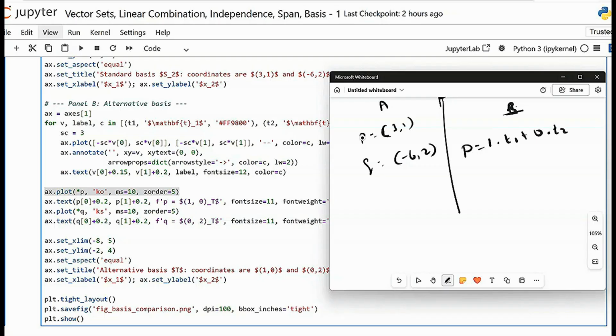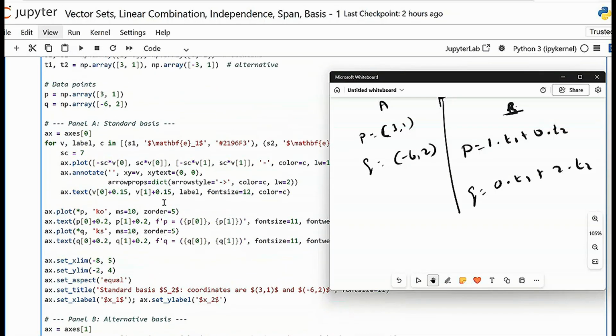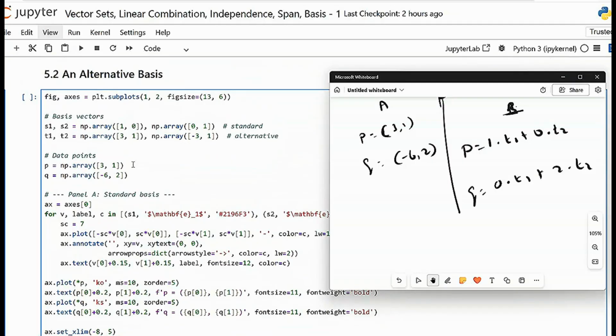So this is what happens. And let me just plot the Q also: 0 into T1 plus 2 into T2. So that is what is happening here. That is the exact value provided in this vector.